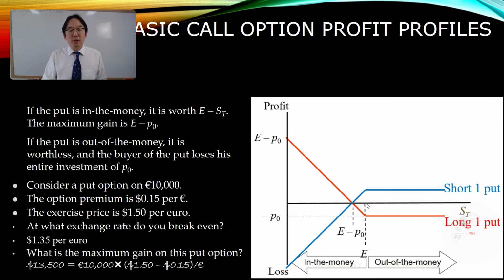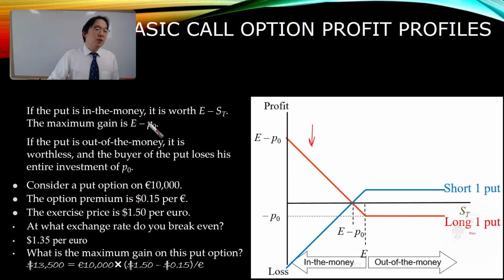If the spot market price of the asset is bigger than the exercise price, you just don't exercise it. You exercise this put option only when it is favorable to you, which is when the spot price is lower than the exercise price. At this point you can sell your commodity or currency at a higher price. Sell high. That's why.